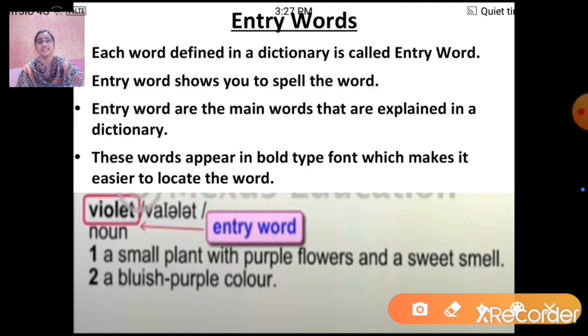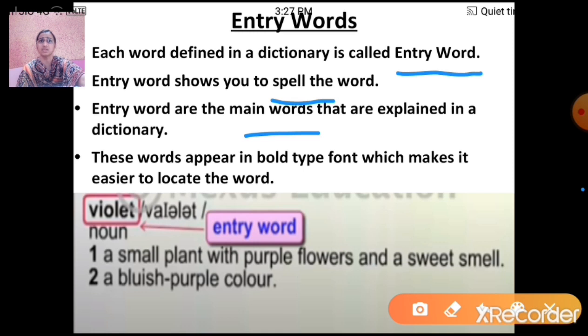The first one is entry words. Now each word defined in a dictionary is called an entry word. Then the entry word shows you how to spell the word. Entry words are the main words that are explained in a dictionary.